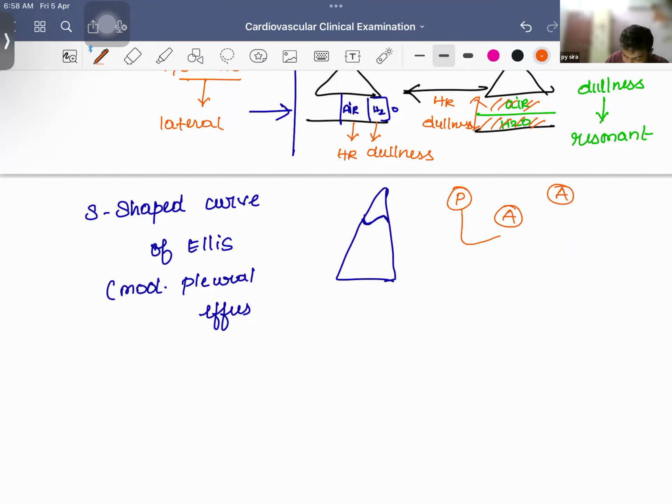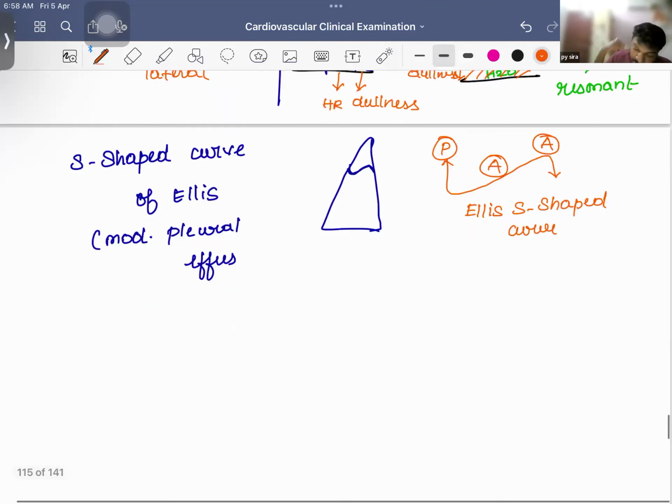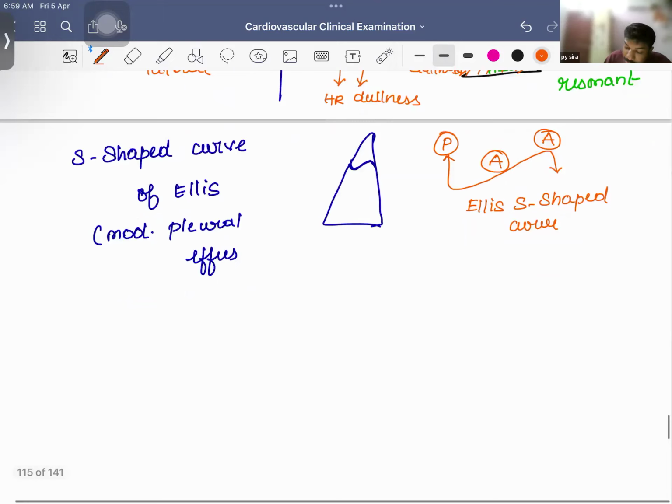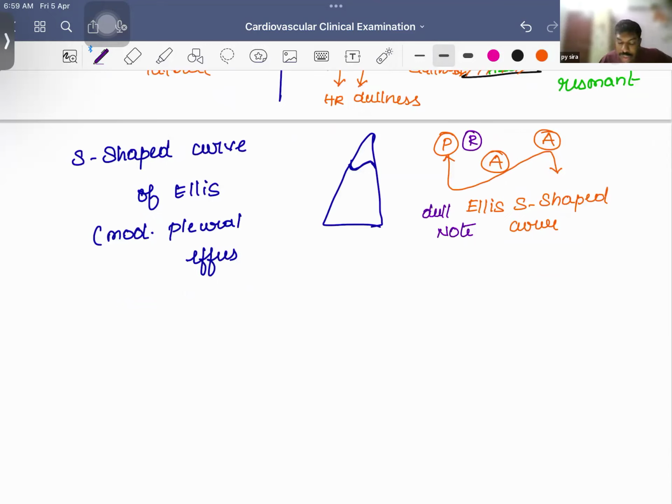This dullness will look like an S. This S is called the Ellis S-shaped curve. You can see the Ellis S-shaped curve looks like this. In this area you get a resonant note, and in this area you get a dull note.